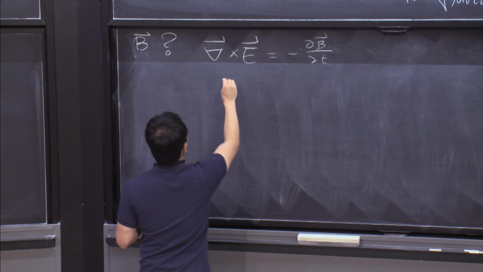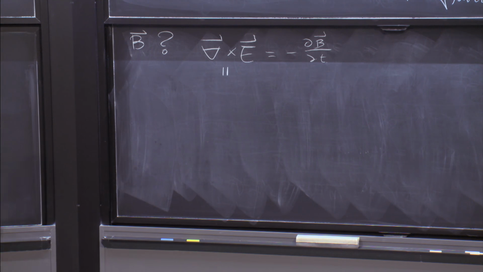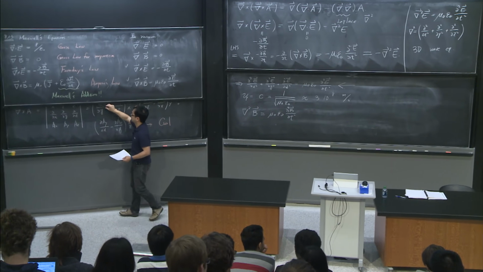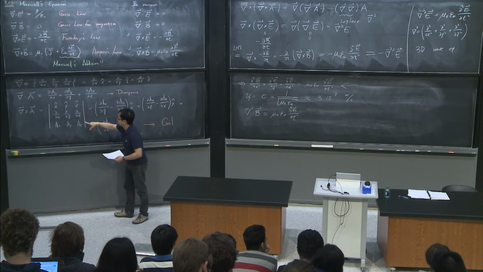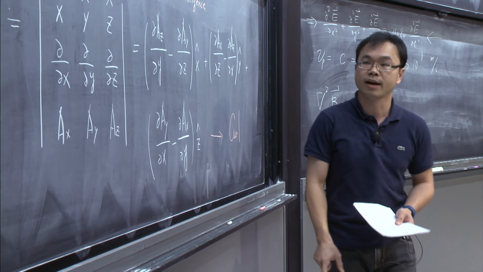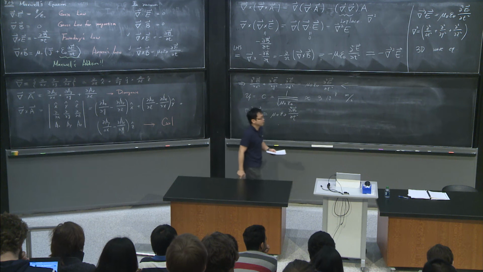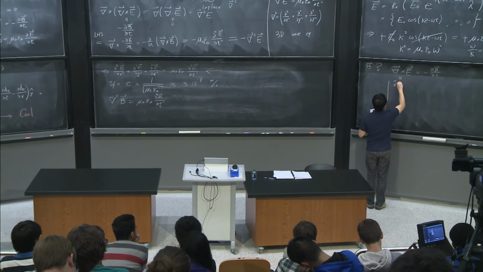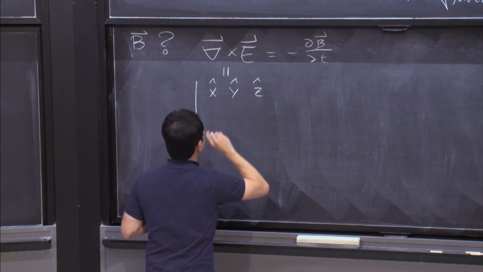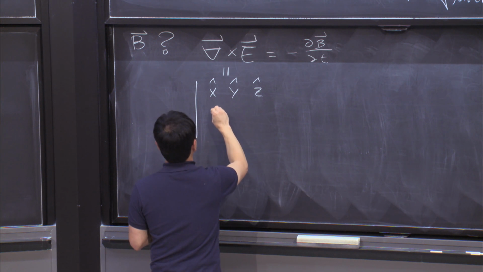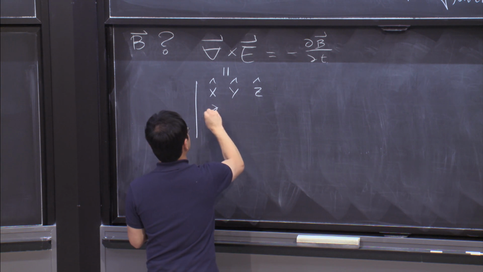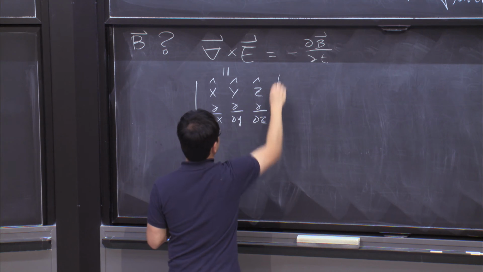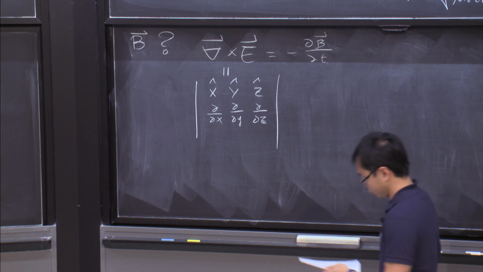So basically, as I mentioned in the beginning, we can make use of the determinant of a matrix to evaluate the curl. So I'm going to use that. What I'm going to get is x, y, z unit vectors filling the first row, and partial x, partial y, partial z filling the second row of the matrix.